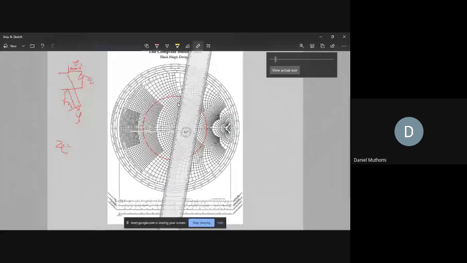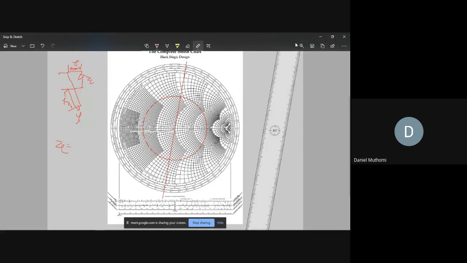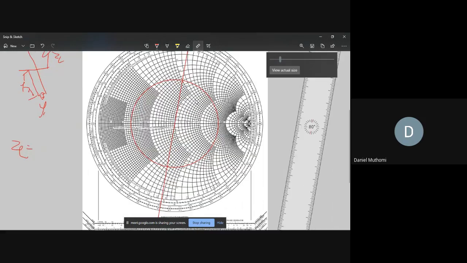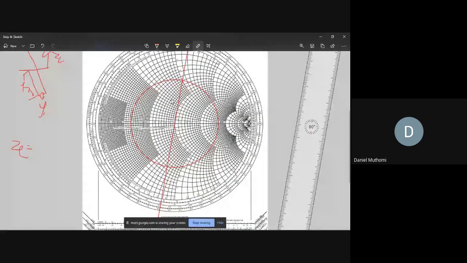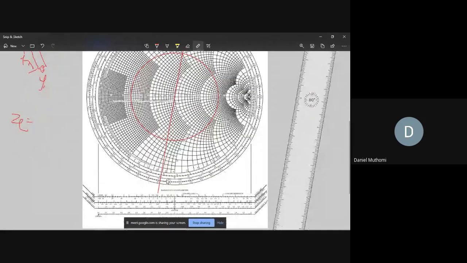You draw your ZL line, but this, let me draw it and then I'll explain. You draw up here will be the ZL, and then you draw a straight line through your ZL point up to the other side, which will now become your admittance.